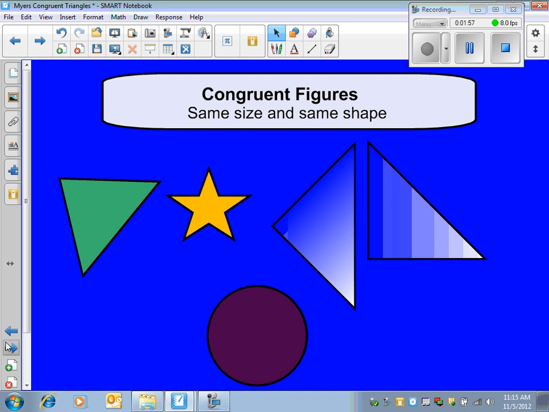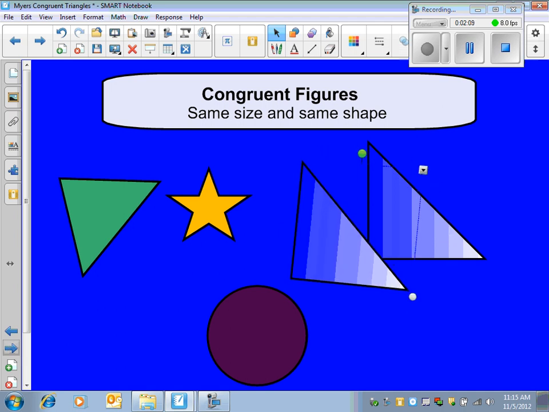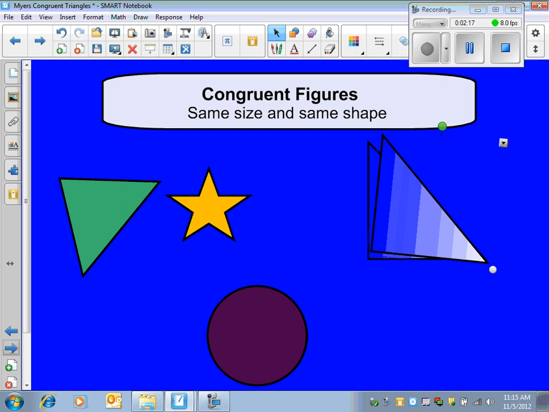I'm starting to get worried about these triangles here because it seems like one side is longer than the other. But let me see what I can do to try to get these triangles. Whoa, well, I definitely can rotate it. Nothing says that, hey, you can't rotate the figures, so I'm rotating the figures. Let me see if I can put it on top. Oops, not yet.